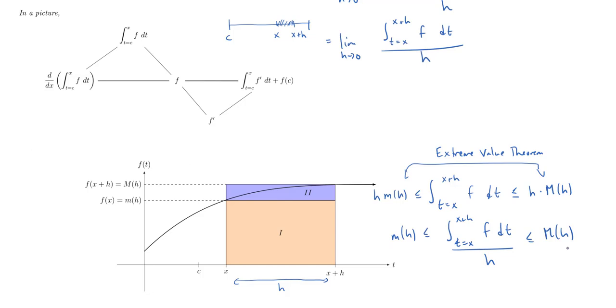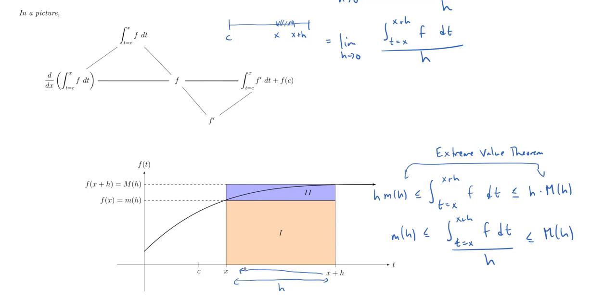Now, what happens as we let h go to 0? As h goes to 0, this x plus h starts moving in closer to x. And as it moves in closer, the extreme value theorem at every step is going to tell you there's a new minimum and a new maximum value.